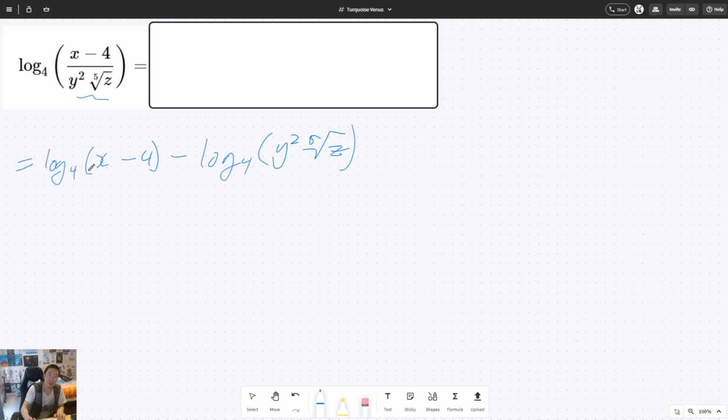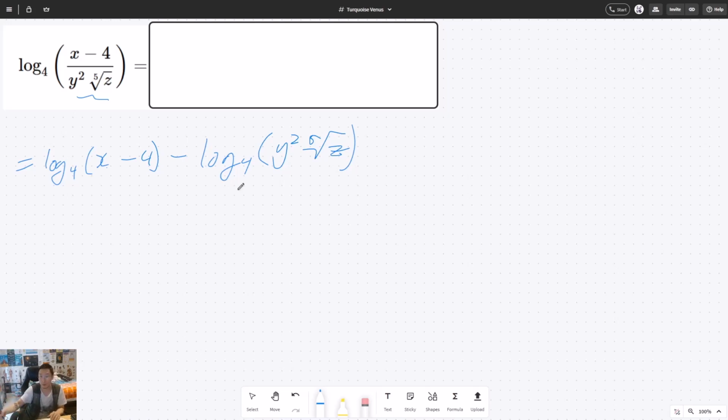Now the log base 4 of x minus 4 remains the same, and we have log base 4 of y squared times root 5z. This becomes the product rule, and we separate this into an addition: log base 4 of y squared plus log base 4 of root 5z.